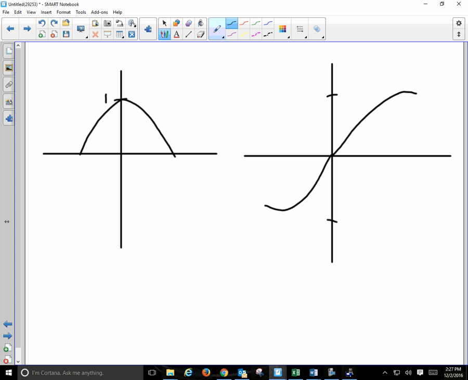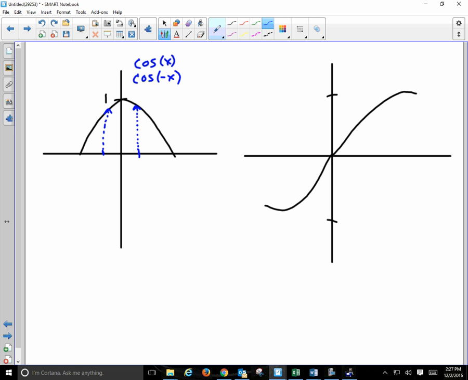Well, we're saying the cosine of x and the cosine of negative x are the same thing. If you pick an x value, the output would be right here. If I do a negative x, just back the other way, the output's the same, isn't it? It's the same on either side.